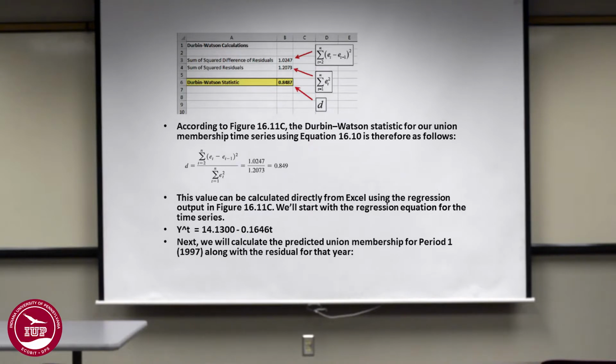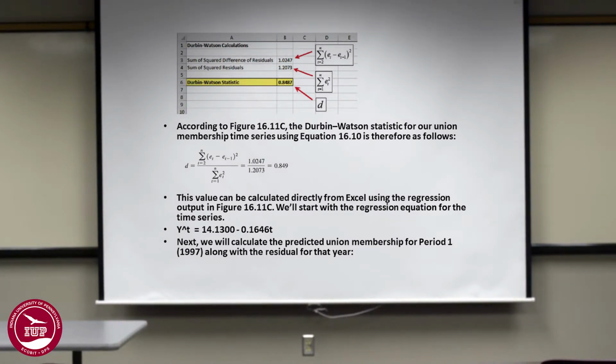According to figure 16.11c, the Durbin-Watson statistic for our union membership time series using equation 16.10 is therefore as follows. D equal to 0.8449. This value can be calculated directly from Excel using the regression output in figure 16.11c.